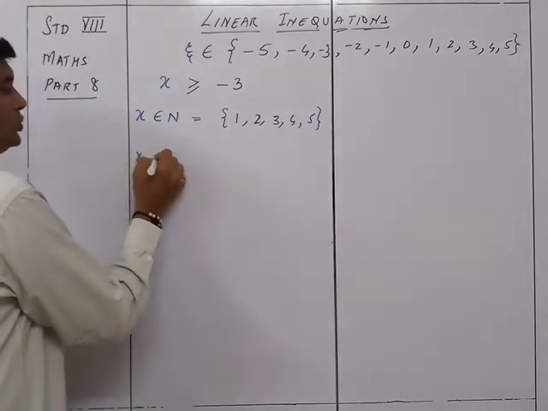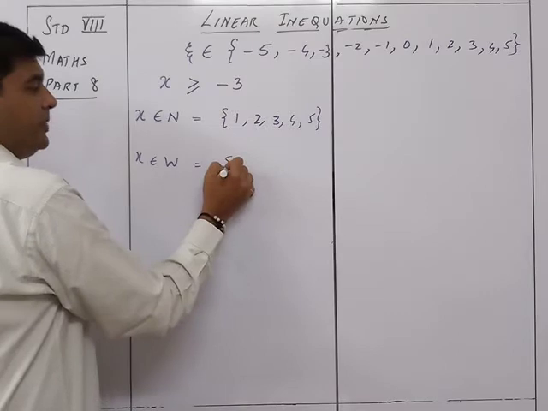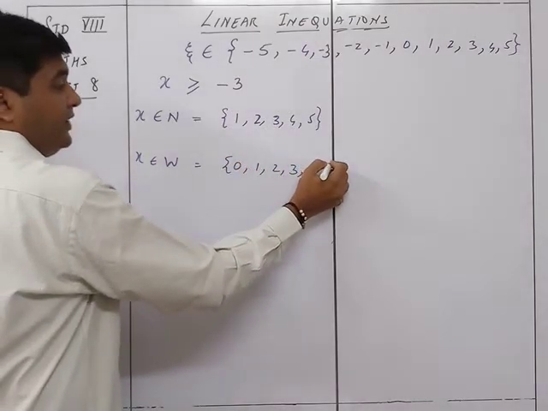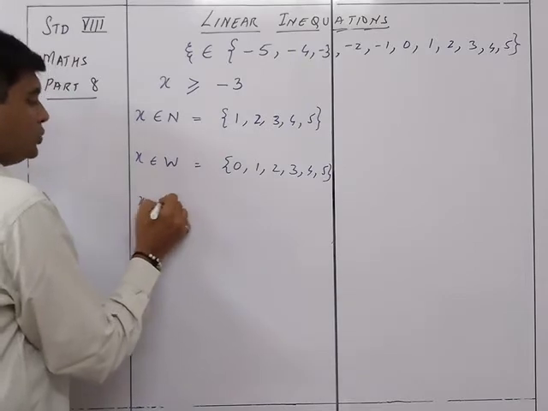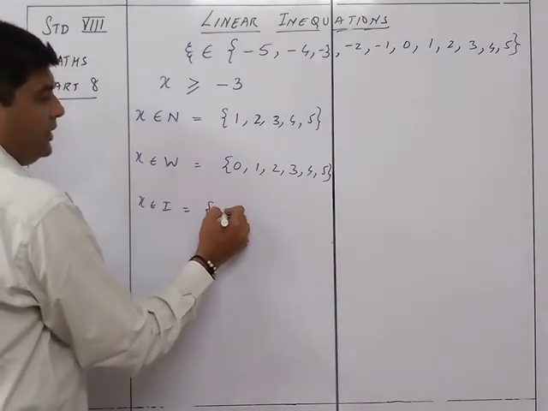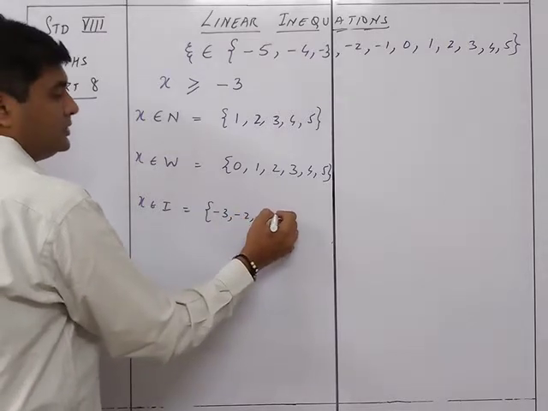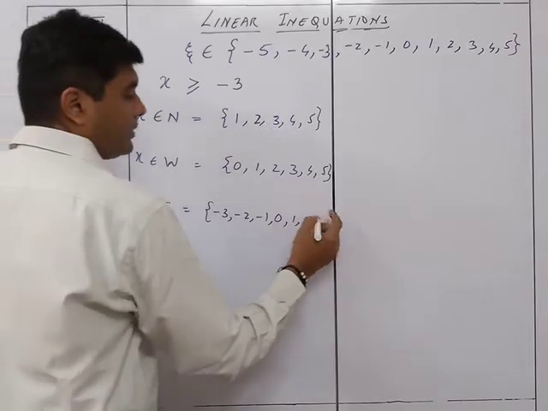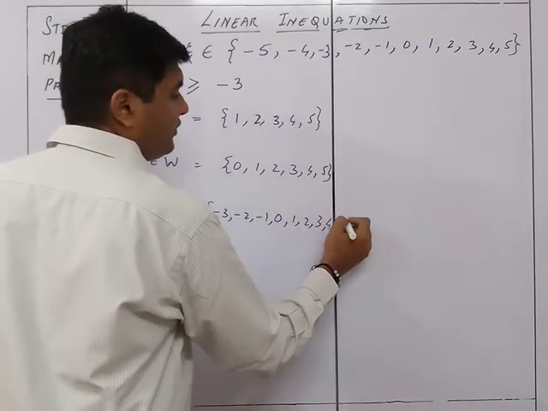If x belongs to the whole numbers, the answer will be 0, 1, 2, 3, 4, 5. And if x belongs to the integers, then the answer will be -3, -2, -1, 0, 1, 2, 3, 4, 5.